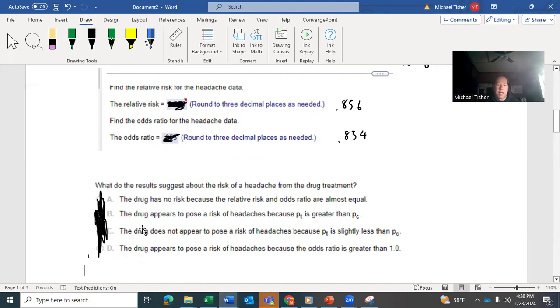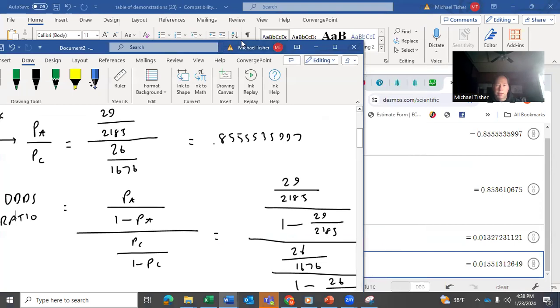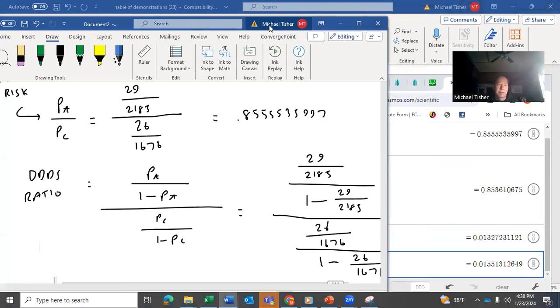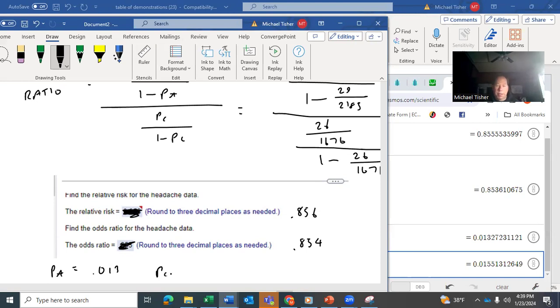So the answer will be part C. Again, PT was the top one, and 0.013 is slightly less than that. So to the nearest 3 decimal places, PT is equal to 0.013, and PC is 0.016.